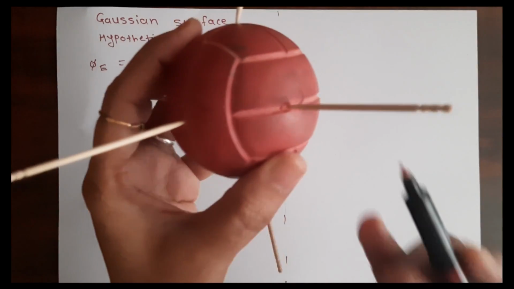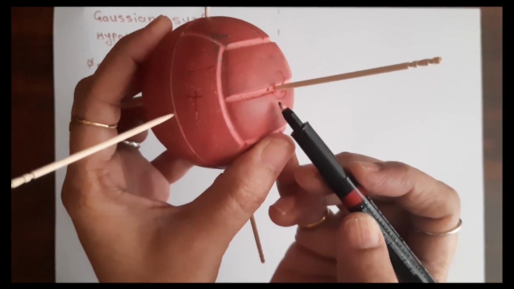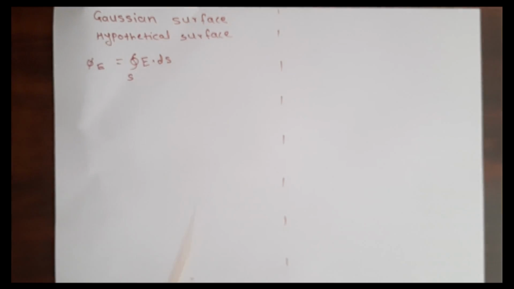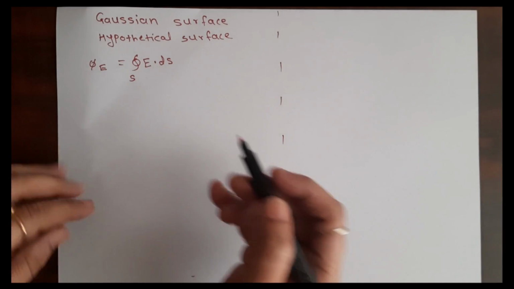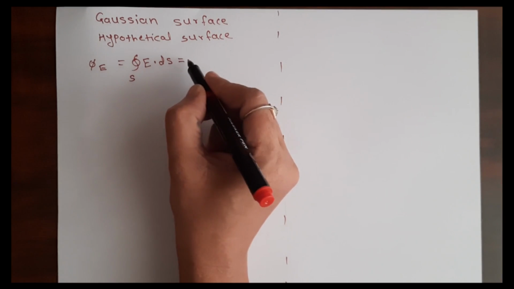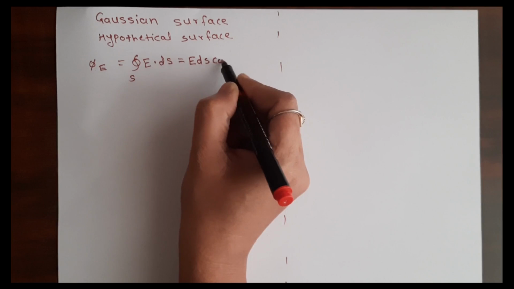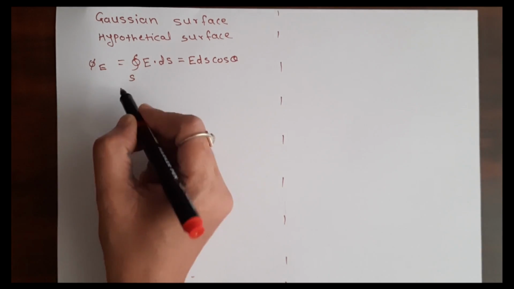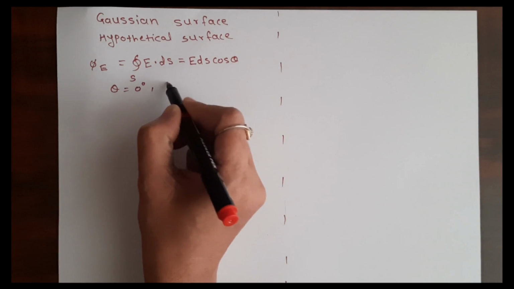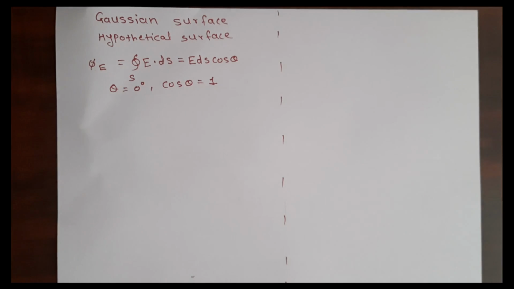So this is a surface area that we have selected. If the direction of surface area and electric field is same, then we can say that theta equals 0. So this is given by E ds cos theta, where theta is equal to 0 degree. Therefore cos theta is equal to 1.